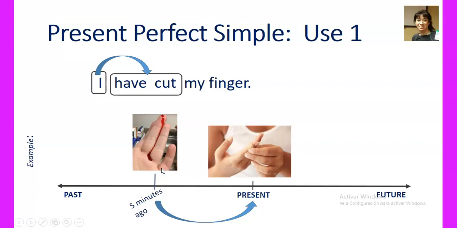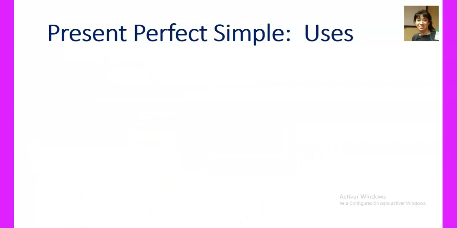It doesn't really matter exactly when this happened, but it is a recent past. And as a consequence, right now, I am wearing a band-aid and I have a cut in my finger, and maybe there is a little bit of pain. This is a consequence right now. That is why I say it in the present perfect simple.